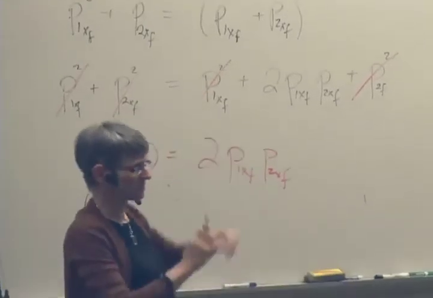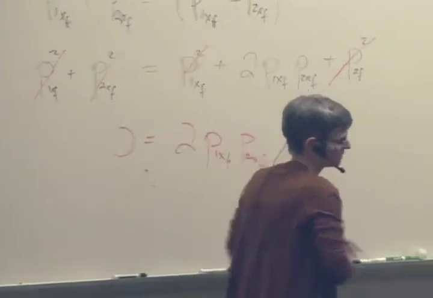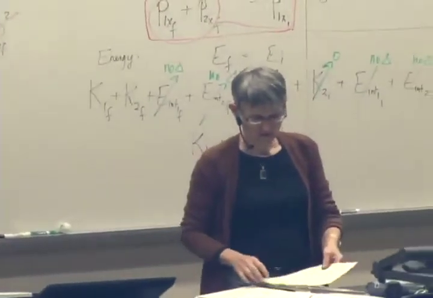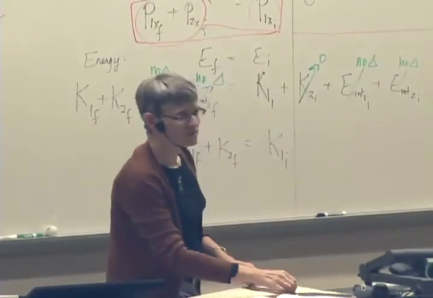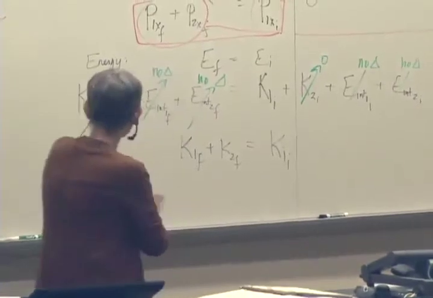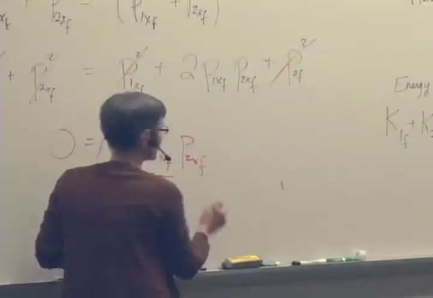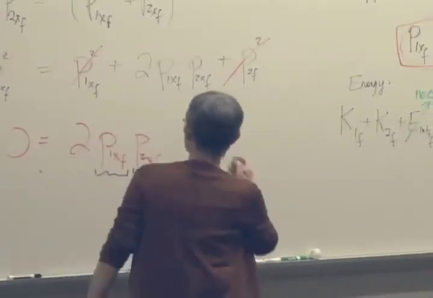The product of the x components of the final momenta is 0. Does that tell us anything interesting? So one of those things has to be 0, doesn't it? And there are two possible solutions here. Either that could be 0 or that could be 0. So here are two solutions.